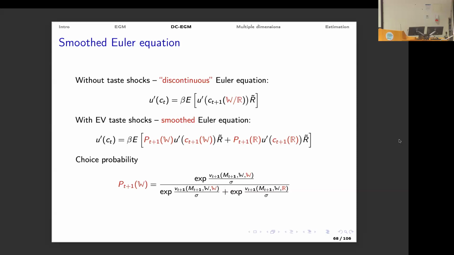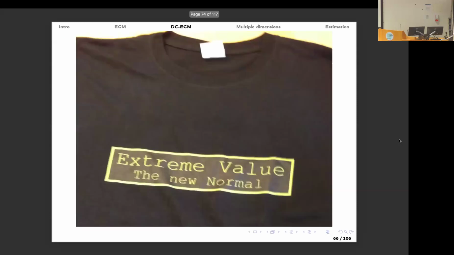I'm waving my hands now. You can think of the Euler equation as discontinuous because tomorrow, the optimal level of consumption depended on whether you were a worker or the retiree, and therefore the marginal utility changed discontinuously. It turns out that if you derive the Euler equation in this problem with extreme value shocks, then what you get is this.